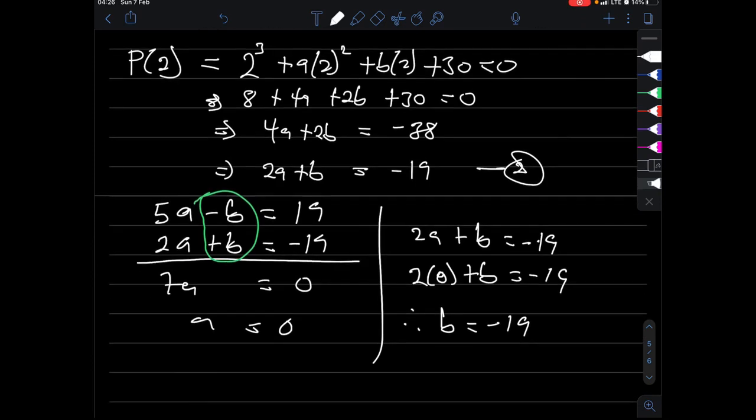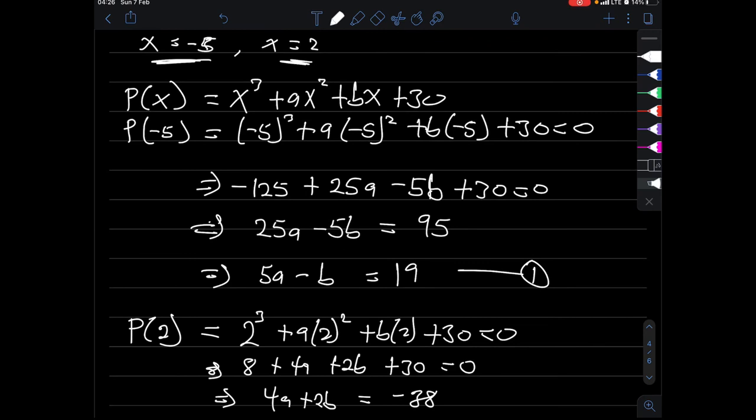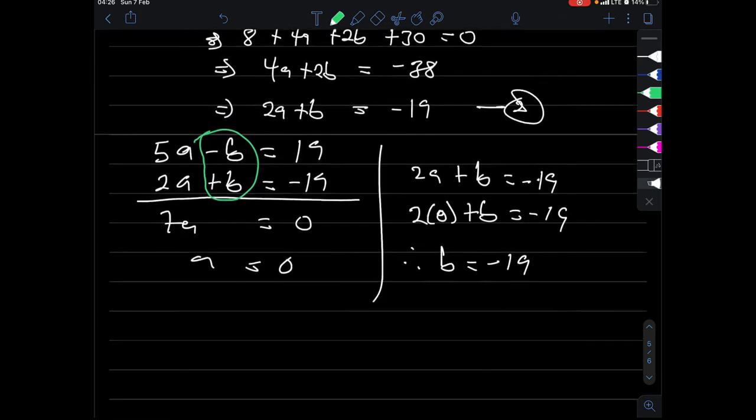So we can rewrite our polynomial very well. Remember, we were given this polynomial, and now we know the values of a and b, so let's just put them there. A is 0, b is negative 19.